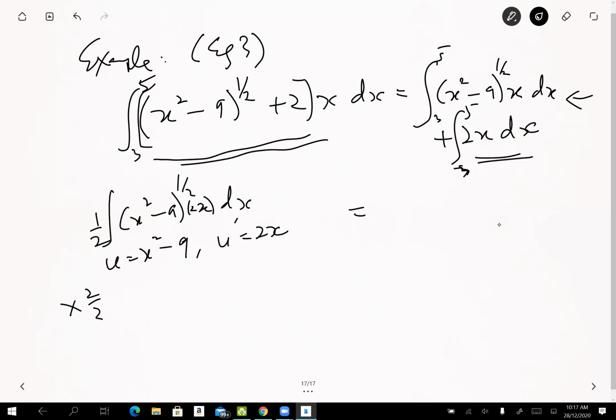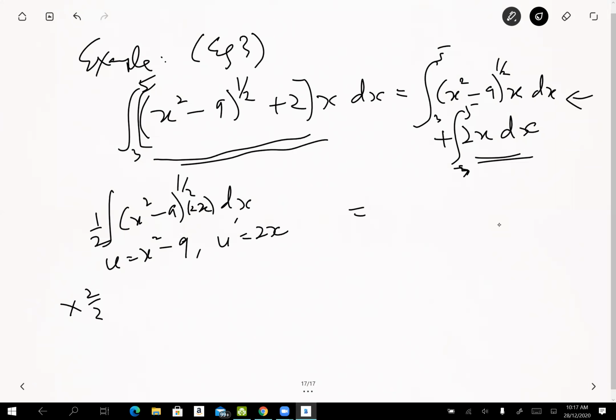So you got 3 over 2, 2 over 3, that will become 1 over 3. So that will be 1 over 3 x squared minus 9 to the power of 3 over 2. Okay, from here. Plus.